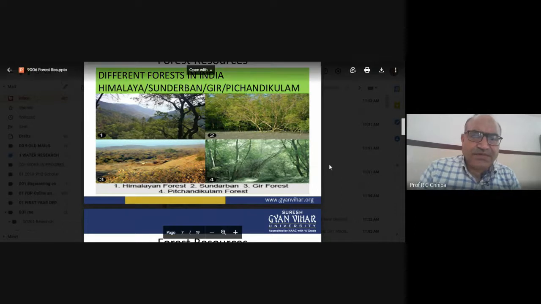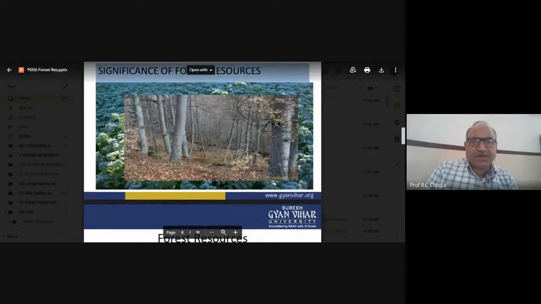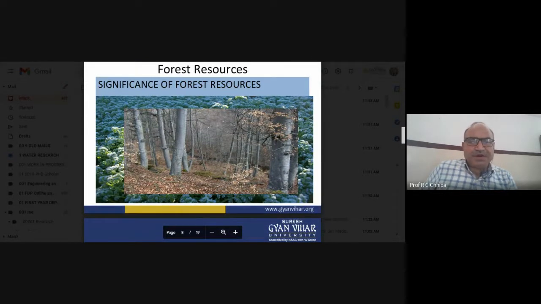What are the different types of forests available in this picture? This picture also tells us about a specific gathering, a large number of trees inside the whole forest area. That is the significance.